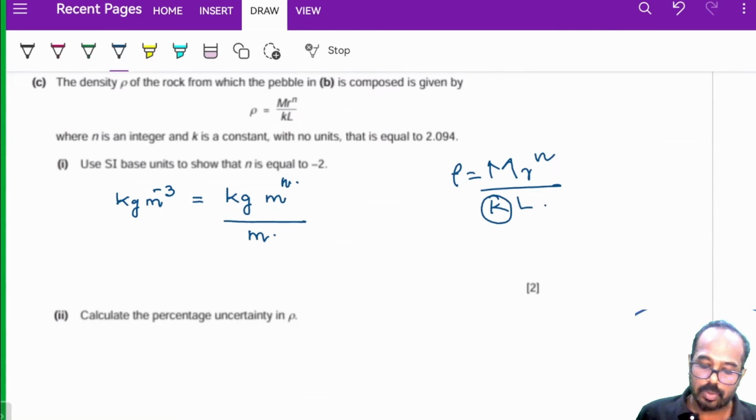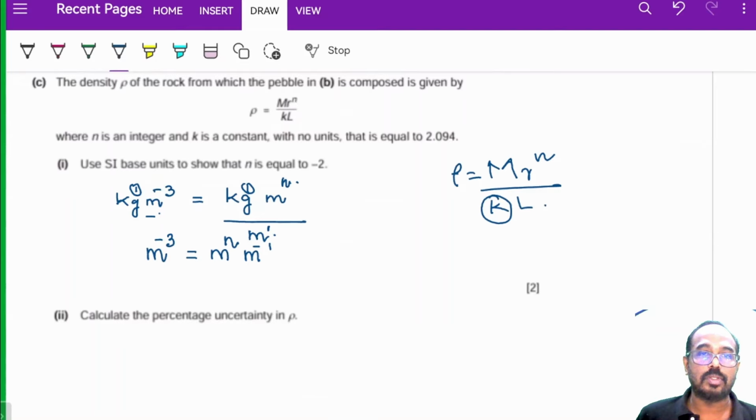So you can compare both sides. Kilogram, what is the power? 1. So this should be same. So right hand side also, kilogram is 1. Now meter, left hand side meter to the power -3, which is equal to right hand side meter to the power n, and here meter is there in the denominator, that will come to the numerator as power -1, right? m to the power -1.